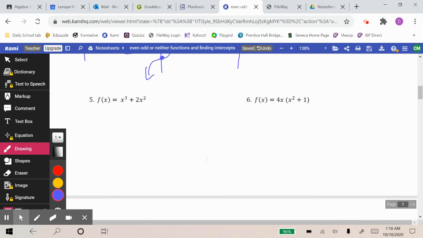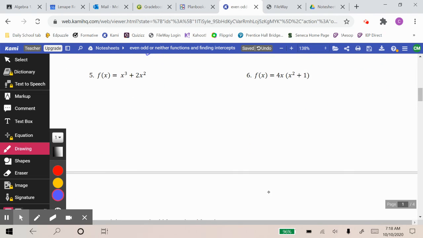All right, let's plug in 5. So 5, let's do 1 and -1. If we get 1 cubed plus 2 times 1 squared, this is really just going to give us 1 plus 2, which is 3. But now when we plug in the -1, you would see it would change this, but it's not going to change this, the x squared.